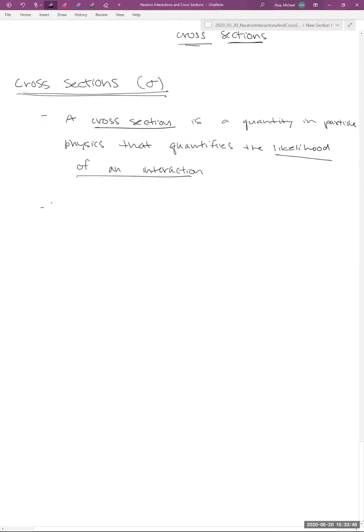At least not yet can we sit down and determine these quantities from theory. The way that we can think about cross sections, almost as their name implies, is we can conceptualize these as areas.